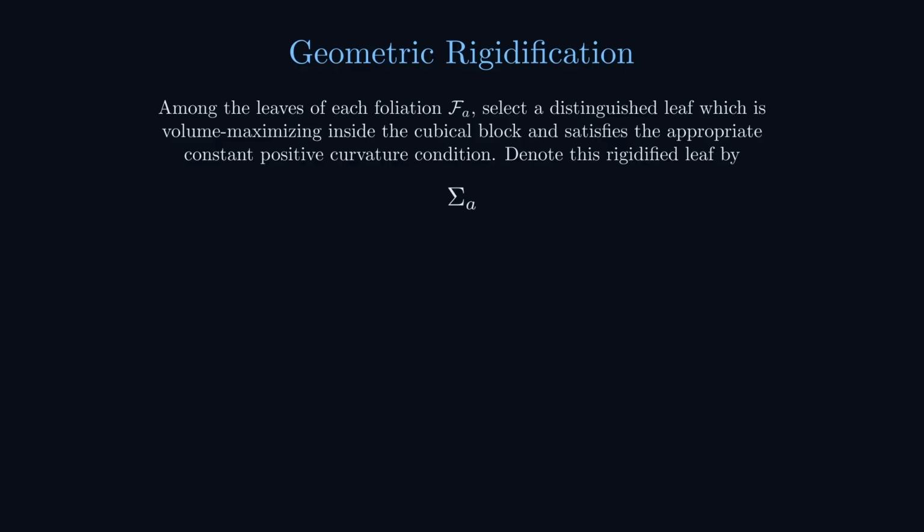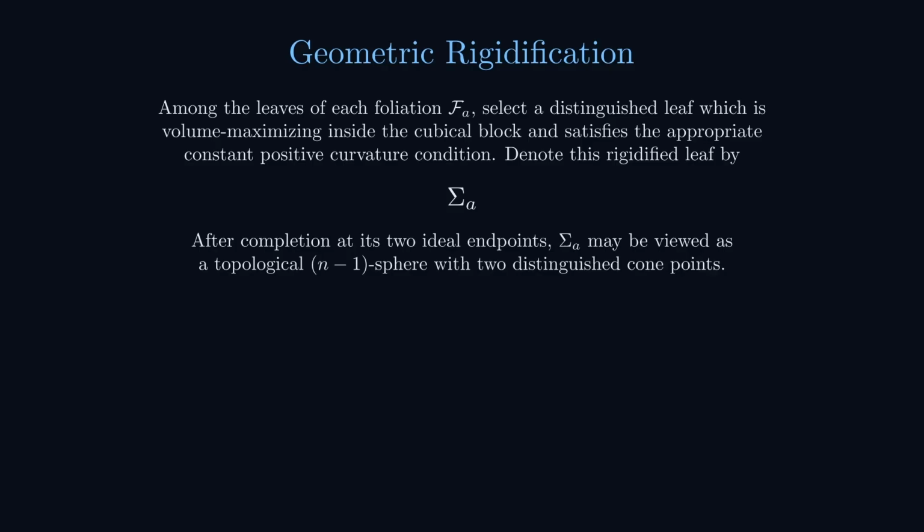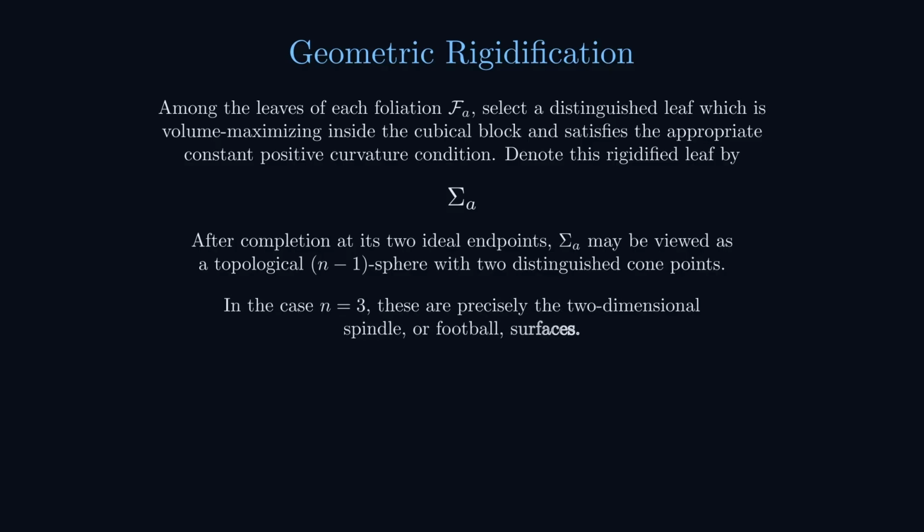So among the leaves of each foliation F sub A, select a distinguished leaf, which is volume maximizing inside the cubical block and satisfies the appropriate constant positive curvature condition. Denote this rigidified leaf by sigma sub A.